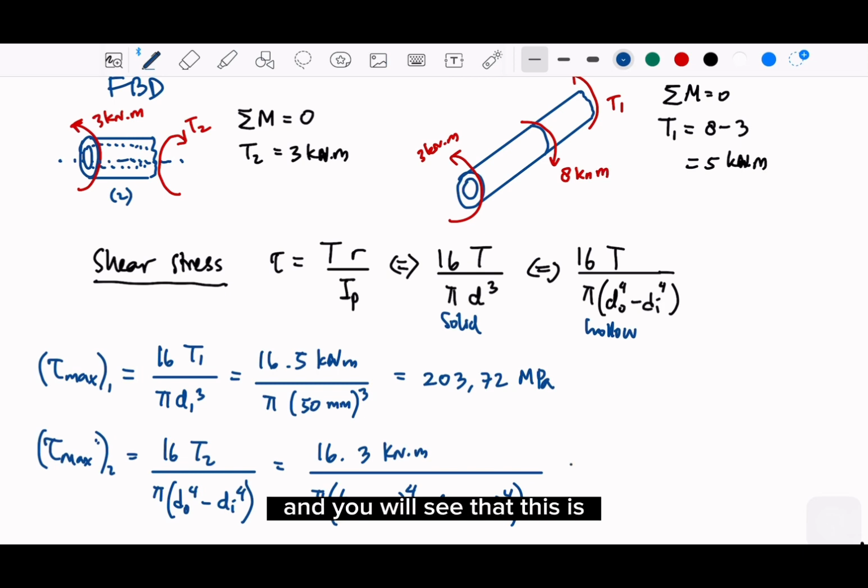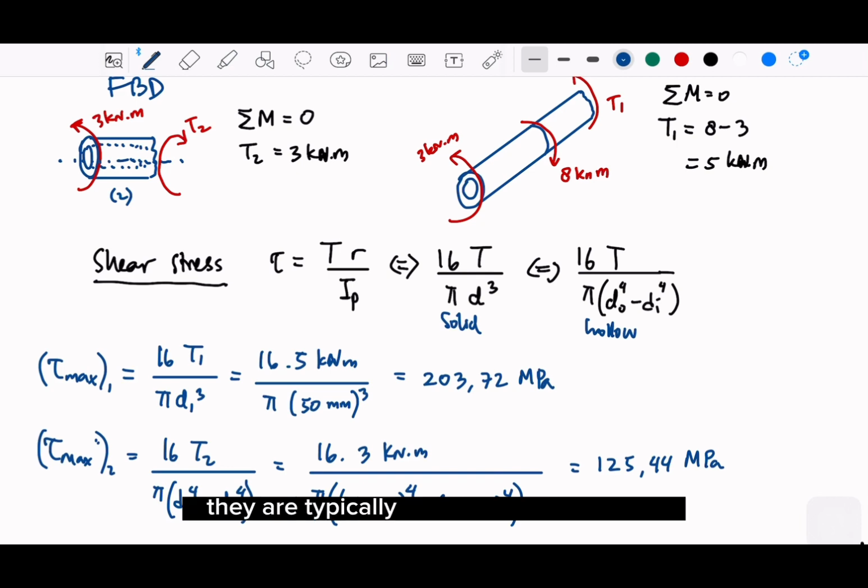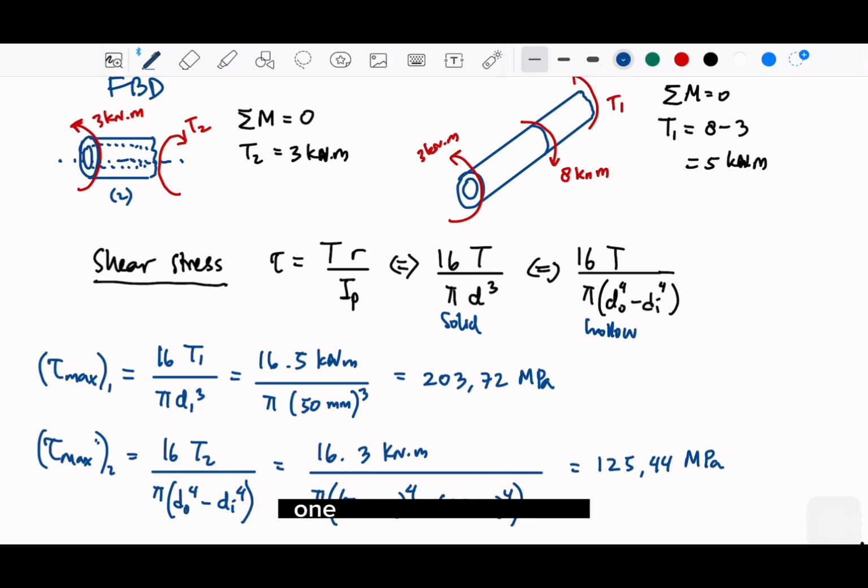And you will see that this is as we expect, that for the hollow, because of the inertia, it will have the smaller megapascal. They are typically the same material, right? But the difference is the shape. One is solid, one is hollow. Inertia is higher in solid, right?